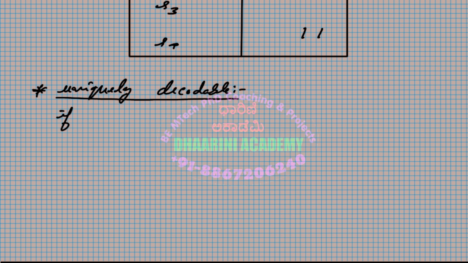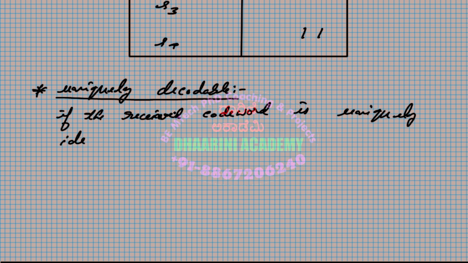If the received code word is uniquely identifiable, then we call the codes used for generation a uniquely decodable code. So uniquely decodable codes, let's try to write here.